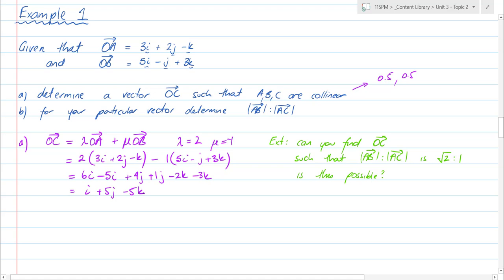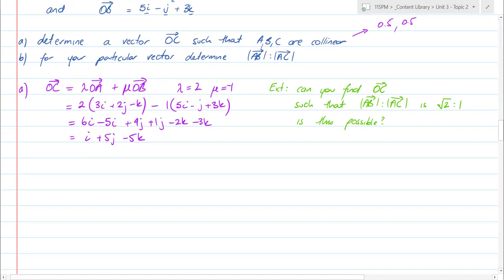That will be my OC. Now, O is the origin, so it is setting up a coordinate system as well. I'm saying now that the three-dimensional coordinates (3, 2, -1), (5, -1, 3) and (1, 5, -5) are collinear based on our understanding. So we can create a collinear set of points just by substituting those values in.